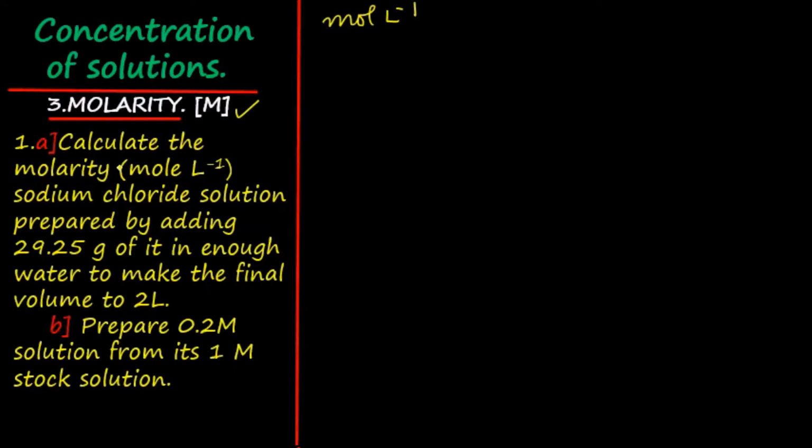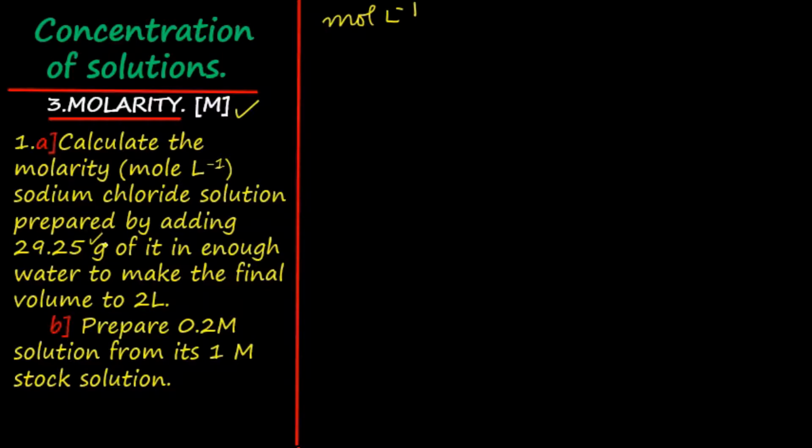Let us read the first part of the question. Calculate the molarity, that is mole per liter, of sodium chloride solution prepared by adding 29.25 grams of it in enough water to make the final volume 2 liter. So, the volume of solution prepared here is 2 liter, and the amount of sodium chloride taken is 29.25 grams.